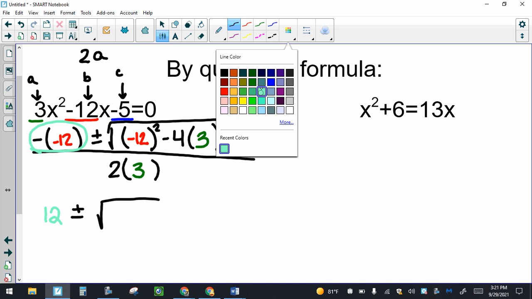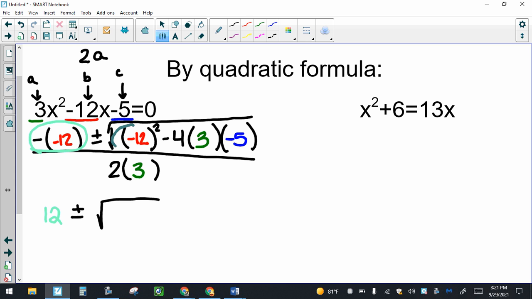But up next, I've got to type all of this into a calculator with the parentheses exactly like it is. So I'm taking my calculator, I'm doing negative 12 squared minus 4 parentheses 3 parentheses negative 5.